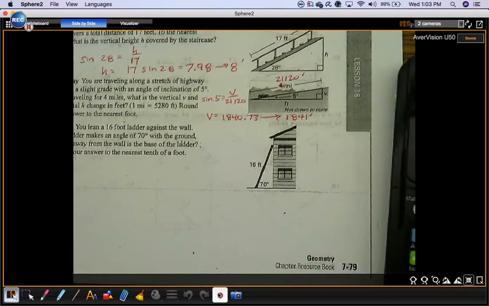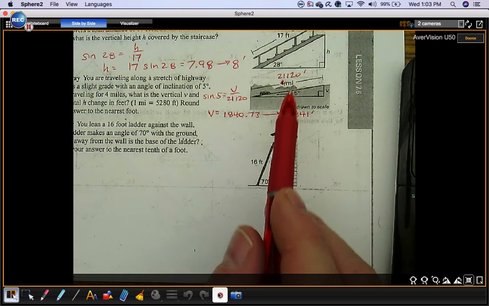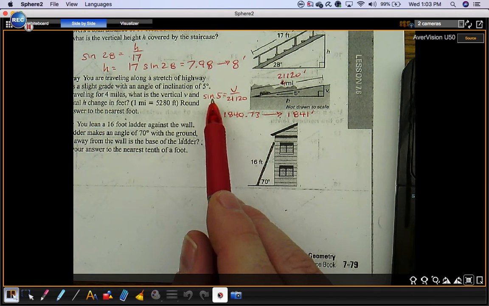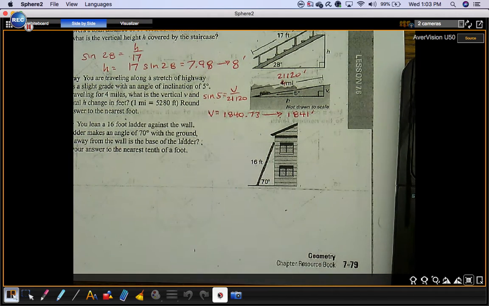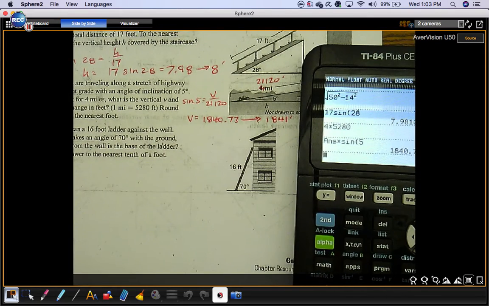Now I don't have to do much more calculation to find H. If I'm using this to find this, this is the adjacent leg. That's the hypotenuse. So I'm going to use cosine instead. So I'm doing the same thing here, except I'm going to hit cosine instead of sine. So I'm doing 21,120 times cosine of 5 degrees.